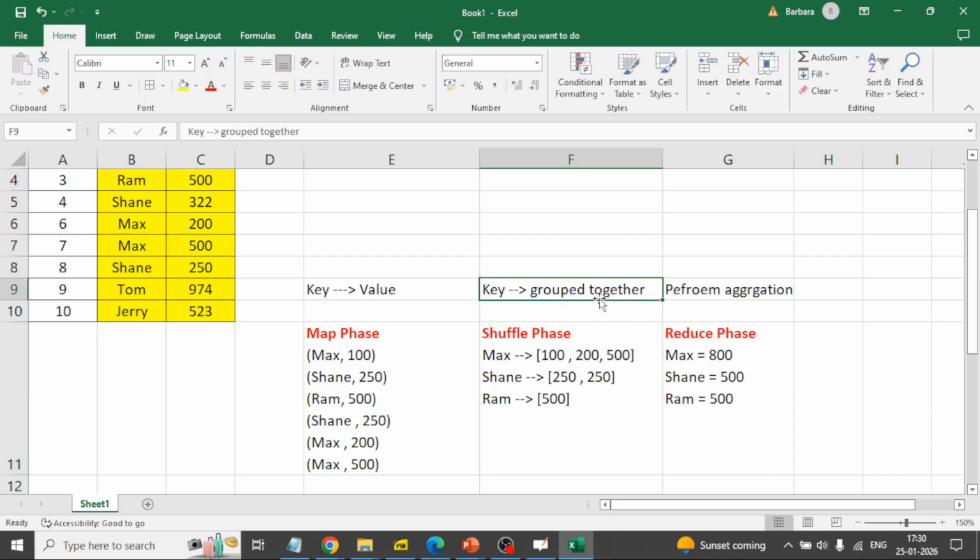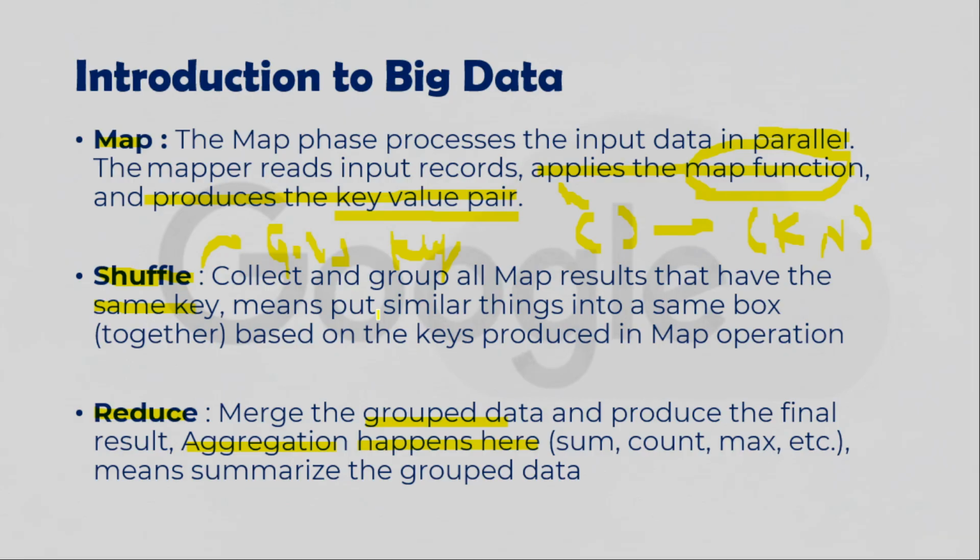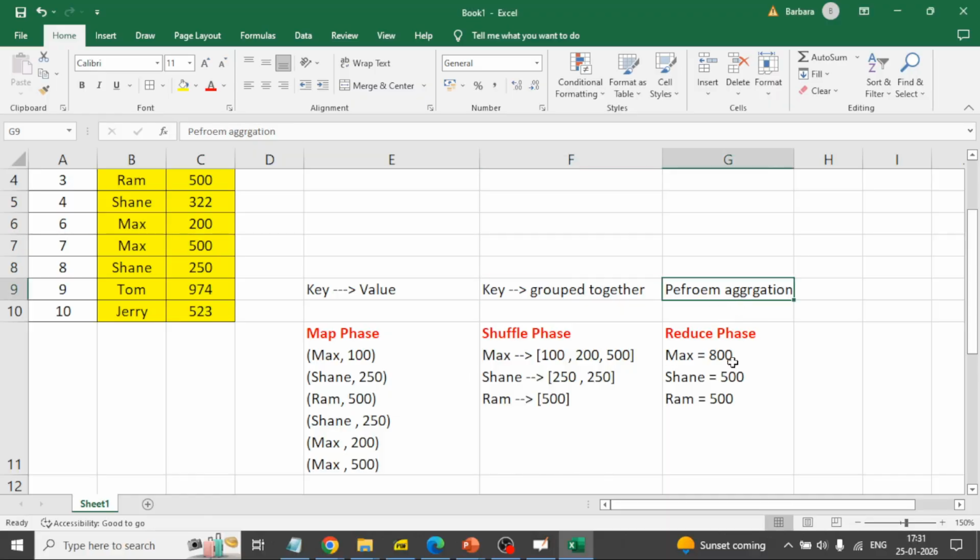So this is the shuffle phase for you. And next is reduce, where the actual calculation happens. Usually the aggregation happens here. Here we see the aggregated value of Max is 800, Shane is 500, and Ram is 500. So this is how MapReduce works.